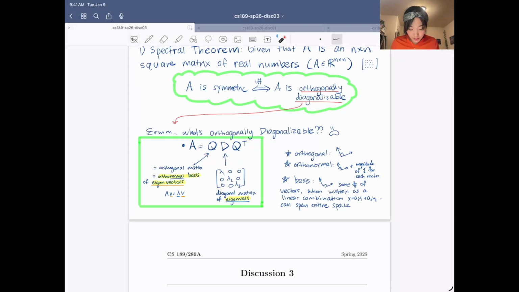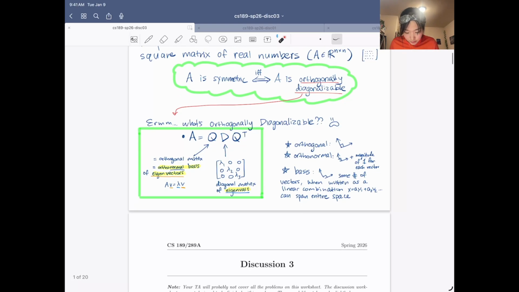We can decompose it into this matrix multiplication of the form Q D Q transpose, where Q is an orthogonal matrix that consists of an orthonormal basis of eigenvectors, and D, the matrix in the middle, is a diagonal matrix of eigenvalues.